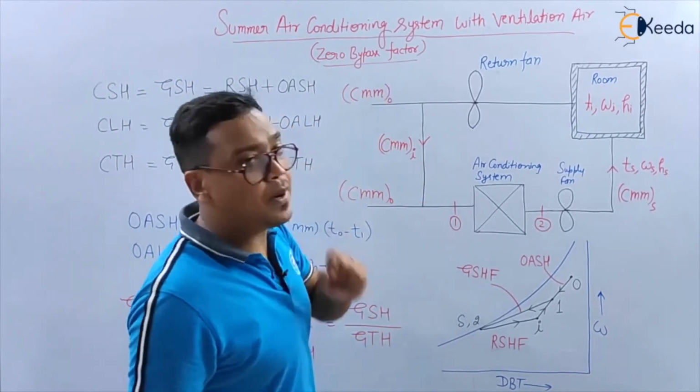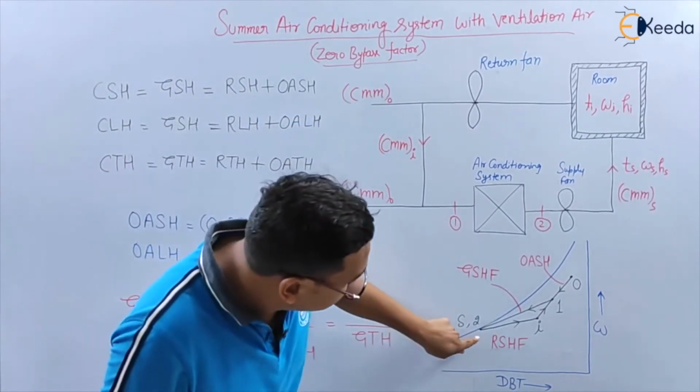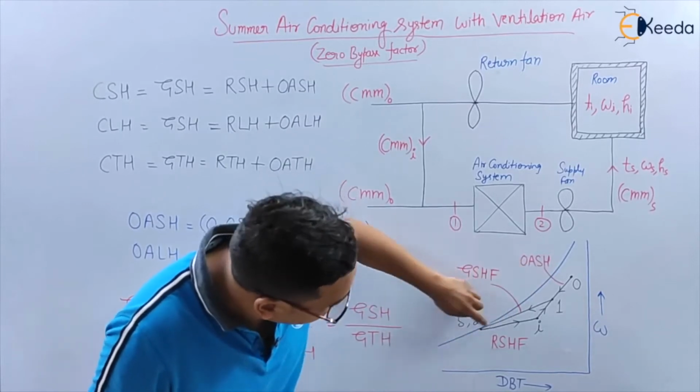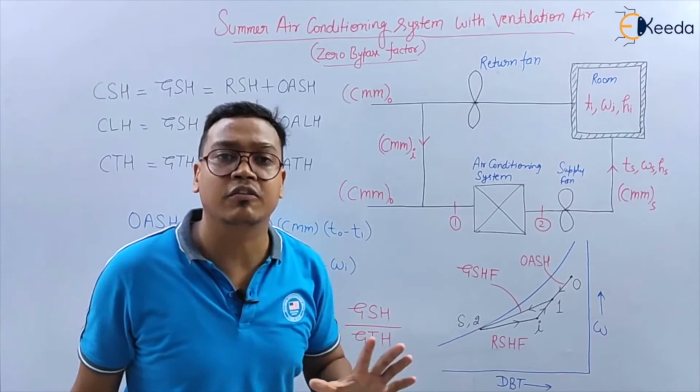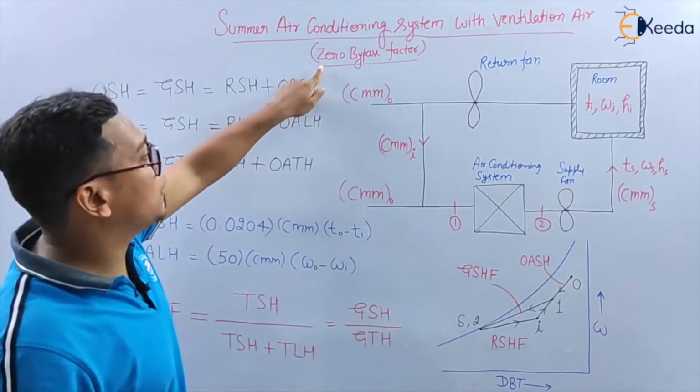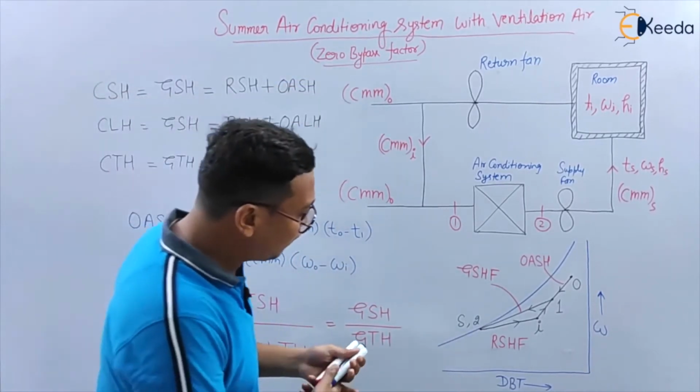It is zero bypass factor because this point is occurring at the saturation curve. Point 2 is touching the saturation curve. If it is not a zero bypass factor, this point will be somewhere here.